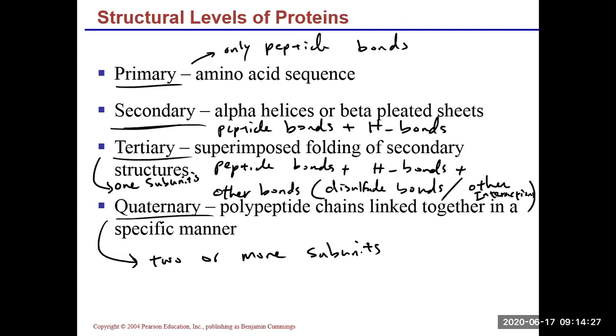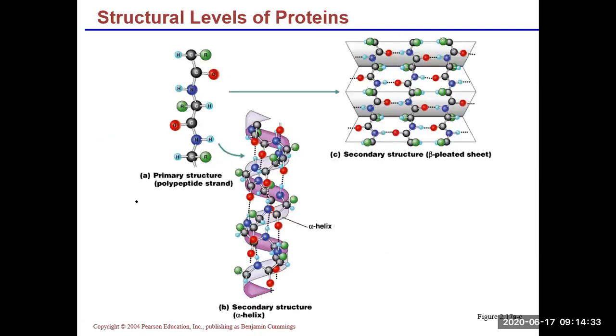All right. So again, if we take a look at the structure, this is the primary, or linear. Think of it as this is one amino acid, this is another amino acid, this is another amino acid, etc. But some of the amino acids could have a hydrogen bond pair too.